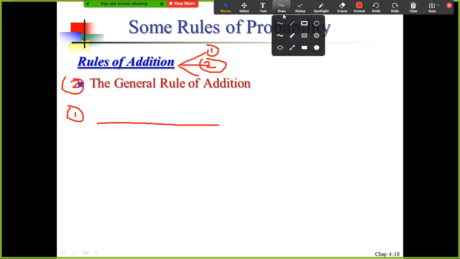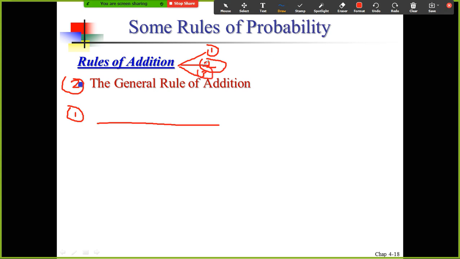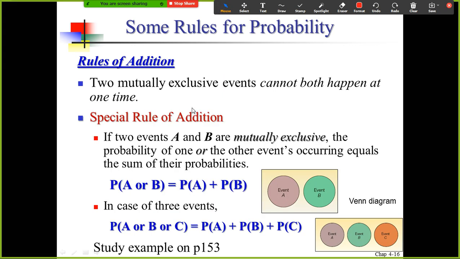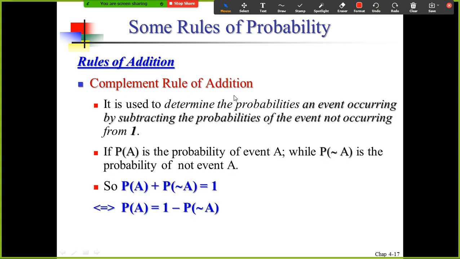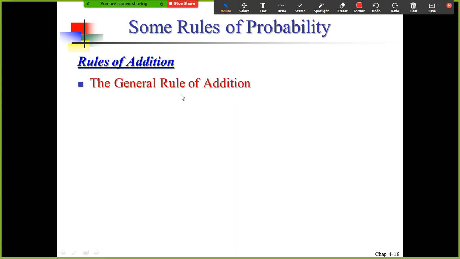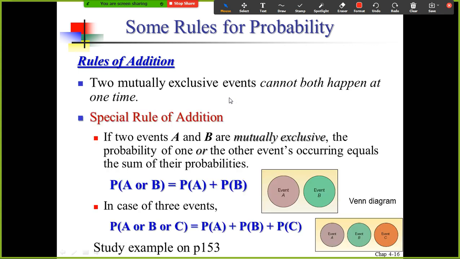The third, general rule of addition. So the rules of addition can be subdivided into these 3 rules: first, special rule; second, complement rule; third, general rule.